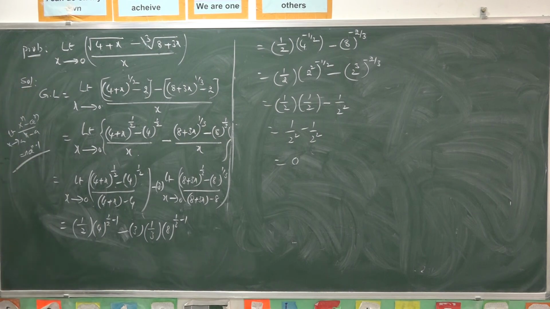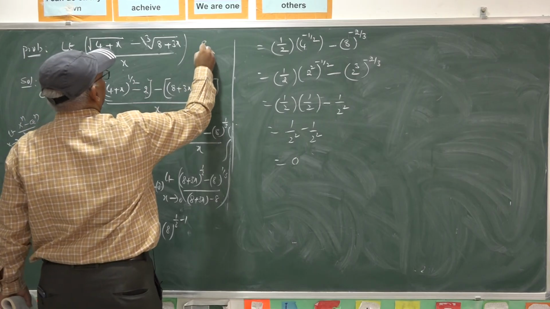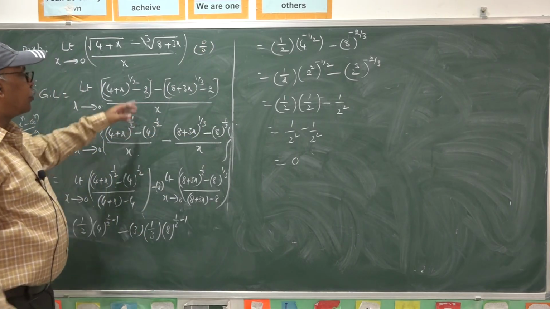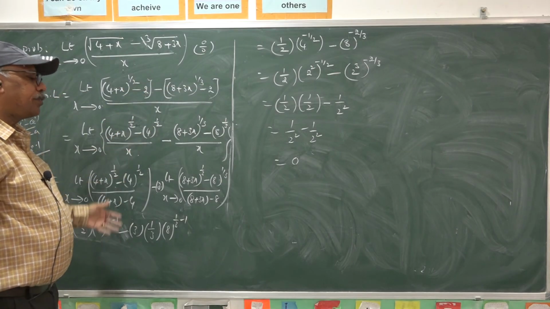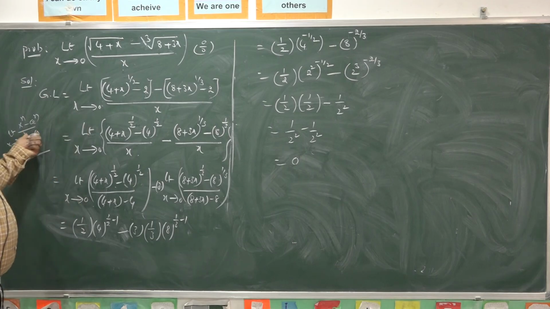It's not 0 by 0 form. Actually it takes 0 by 0 form. To avoid that indeterminate form, we are adding 2 and subtracting 2 in the numerator and rearranging the terms, bringing the total limit to this formula, limit as x goes to a of (x^n minus a^n) by (x minus a), which gives us n into a^(n minus 1).